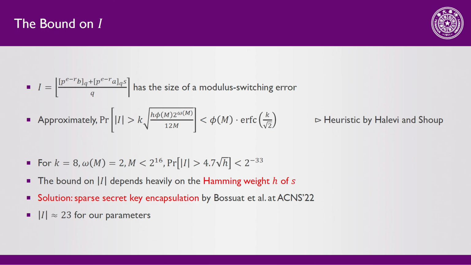As we can see, the bound is very heavily dependent on the Hamming weight h of the secret key. So a natural idea is to use the sparse secret encapsulation technique by Bossuat et al. to get a very small I. That is to say, we switch to a very sparse bootstrapping key before going into bootstrapping. And for our concrete parameters, the size of I is about 23.